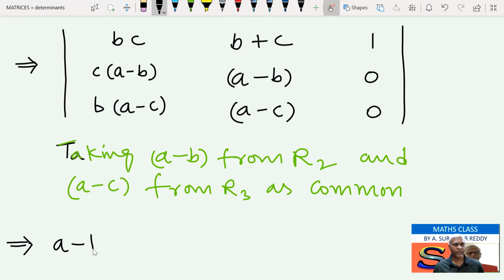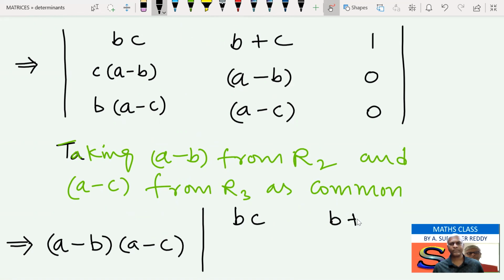So A minus B from R2 and A minus C from R3 we are taking common. The first row will be the same, no change in the first row. In the second row we are taking A minus B common and what will remain?